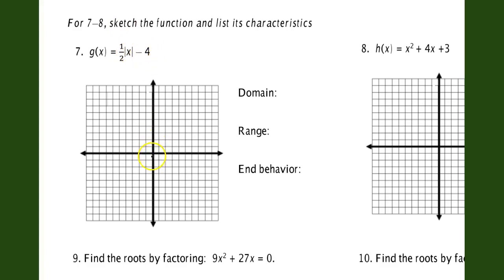We're going to go down 4. 1, 2, 3, 4. And then our slope here is +1/2, so we'll go up 1/2. There we go. Just a few of them. We'll use that.